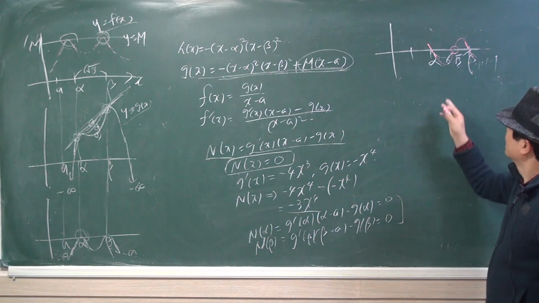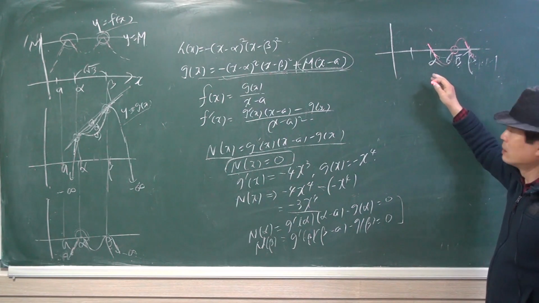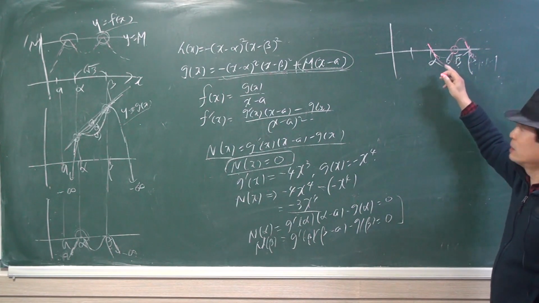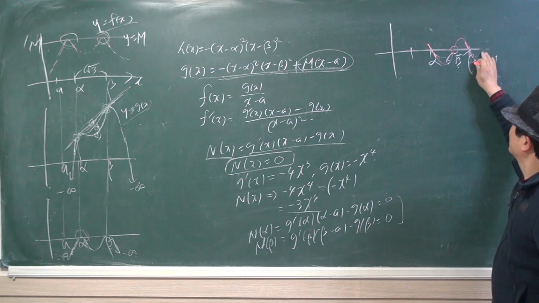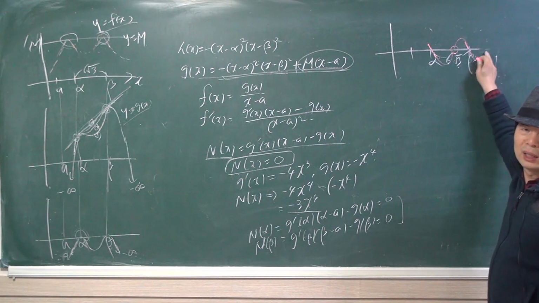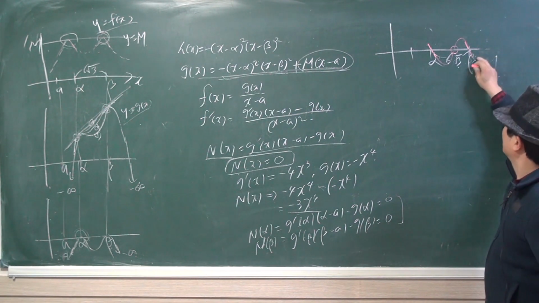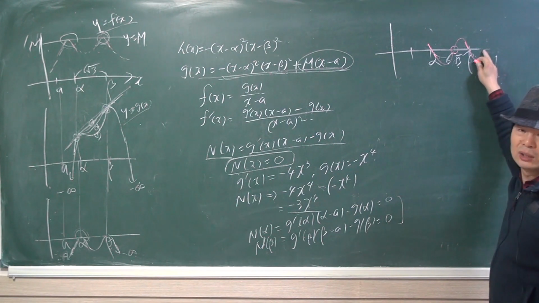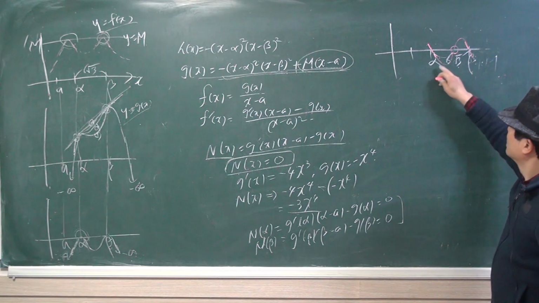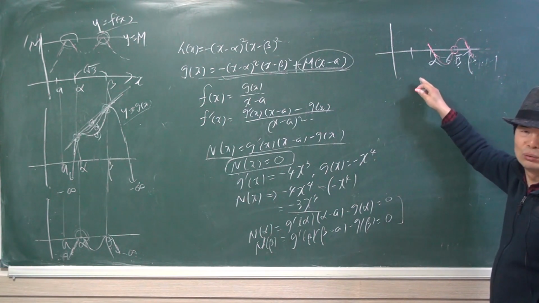We can try to guess where it is. If the remaining solution is bigger than beta, then it must go up and down, so it cannot be 1. It must be 2, or even if it's tangent to the x-axis, it raises the order of the function to 5.